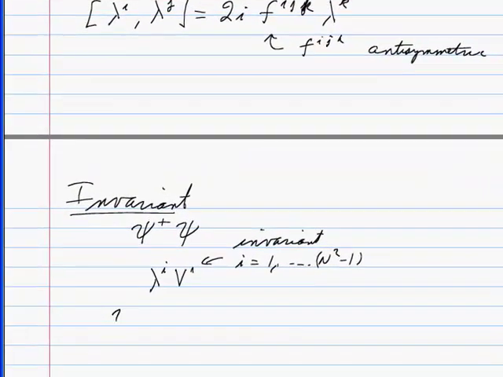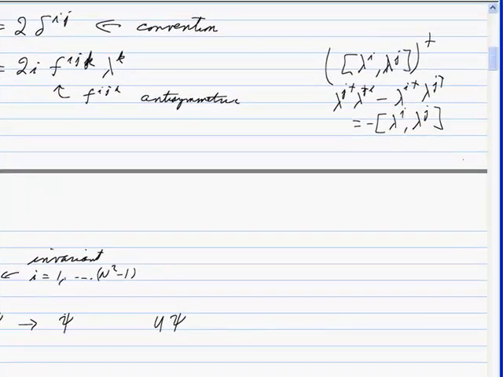And so then if I have ψ̄ λ·V ψ, that can be an invariant if I take ψ goes to uψ, if λ·V turns into u λ·V u†.